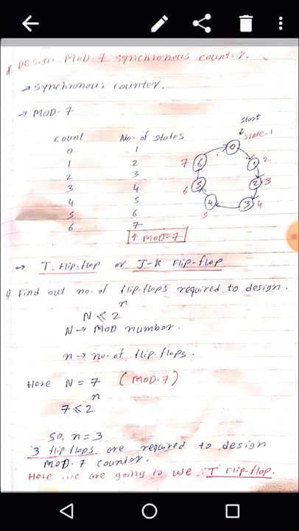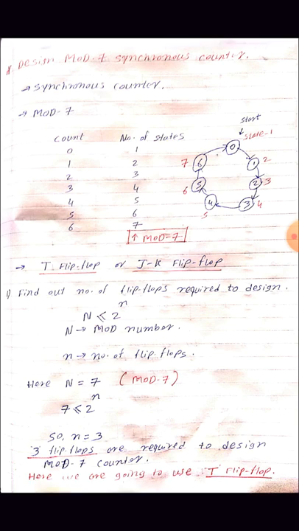Now what is meant by the mod 7? As shown in the above diagram, it is a mod 7 up counter. Here we have to design.